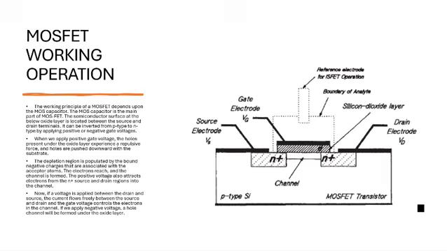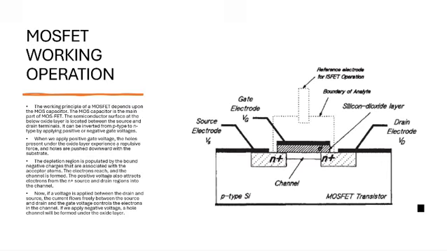When we apply a positive gate voltage, the holes present under the oxide layer experience a repulsive force and are pushed down into the substrate.